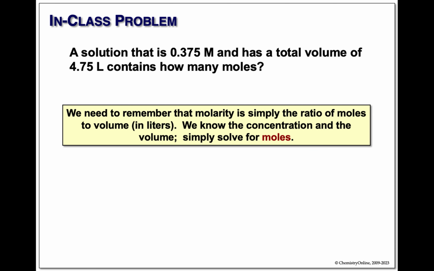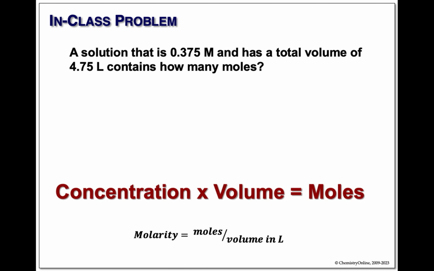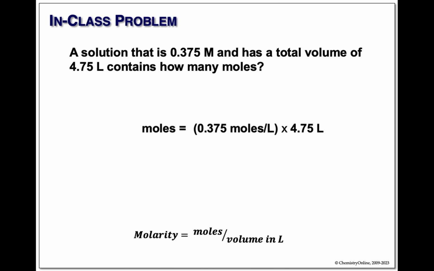We know concentration, we know volume. That means we know moles. What you did on the exam was take concentration multiplied by volume to get moles. It looks like this: 0.375 moles per liter times 4.75 liters, 1.78 moles.